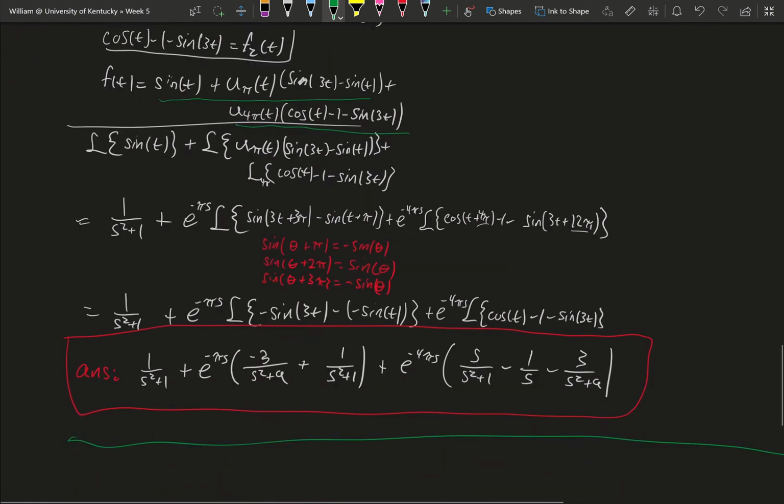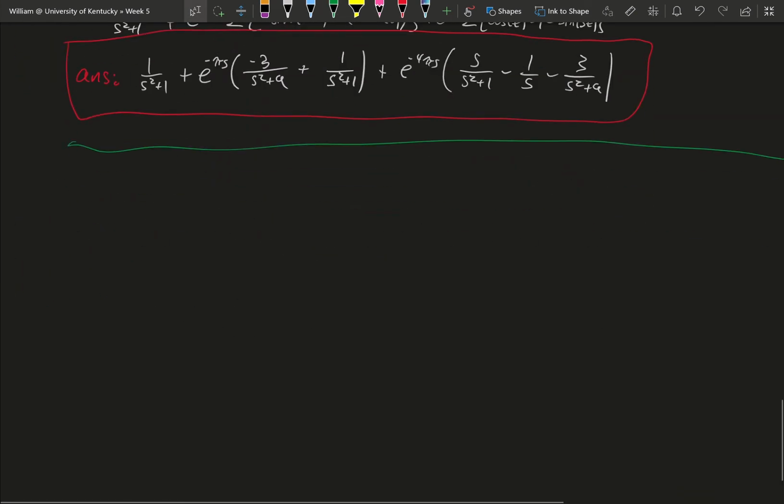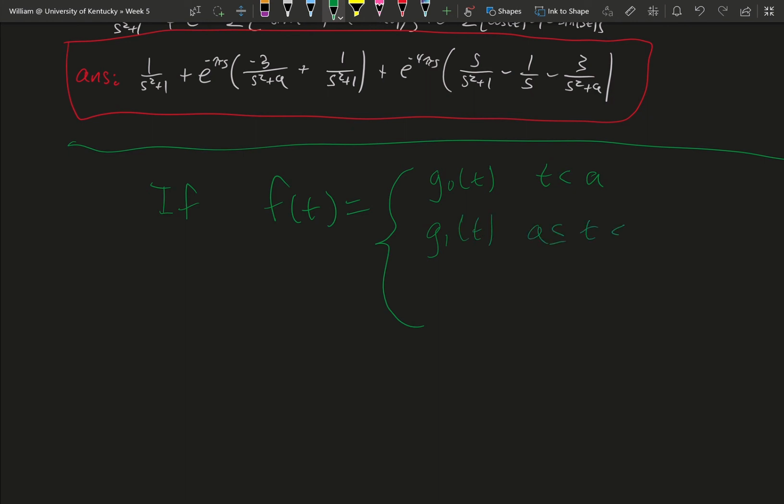So just the general pattern I want to note. If we have g0, g1 if we're in between a and b, g2 if we're between b and c, and I think that's enough to see the general pattern.